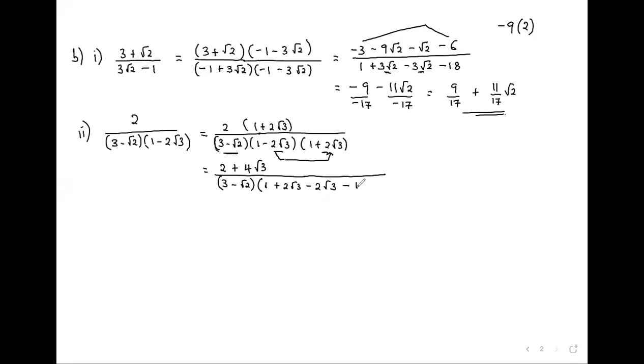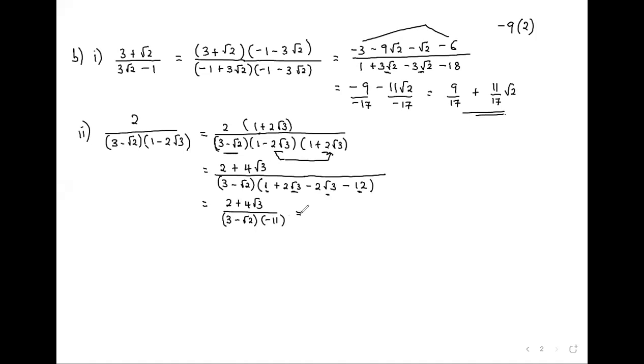So together we get 12. Then we simplify. So we have 2 plus 4 root 3 over 3 minus root 2, and then 1 minus 12, we get minus 11, because this is 0 here.